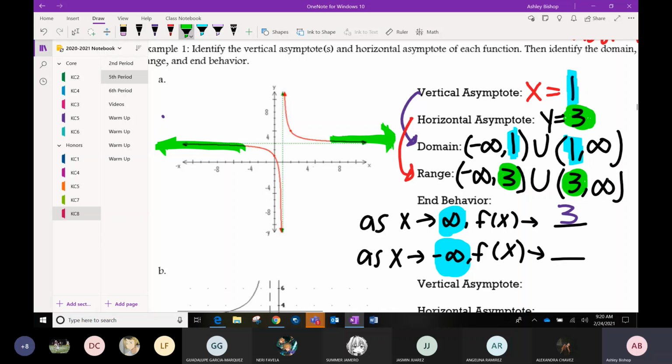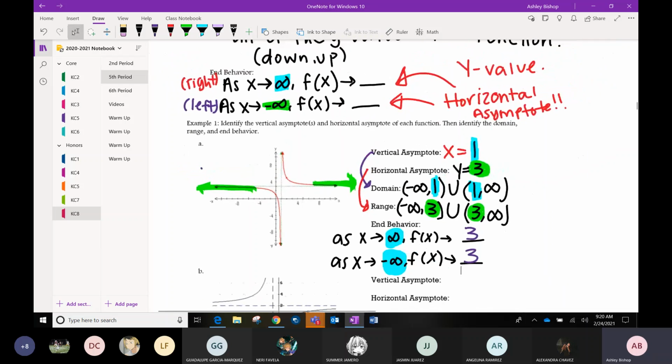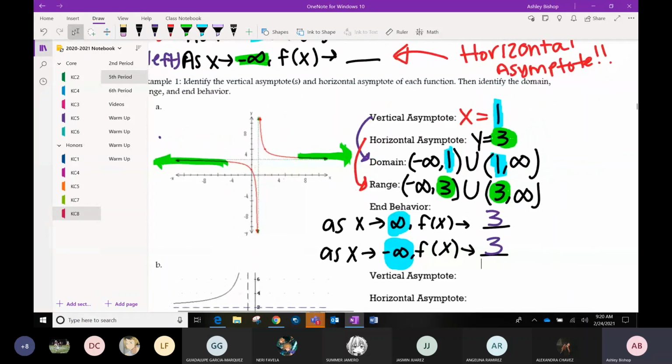The left side of my graph is also approaching 3, which again, based on the definition, I told you what's going to go in that blank is your horizontal asymptote, which is what I have. So it looks like a lot of new things, but it's a lot of just using the same two numbers. Okay. What questions do you have?